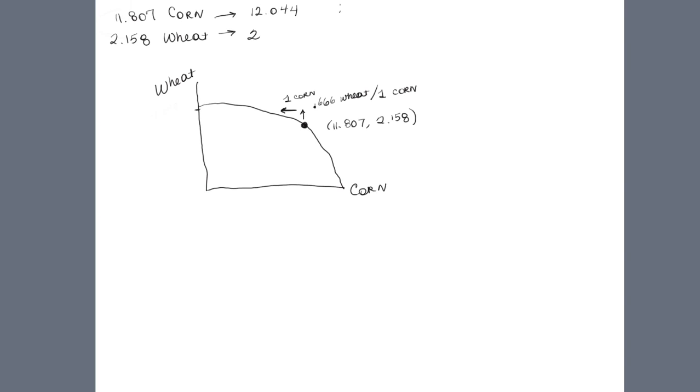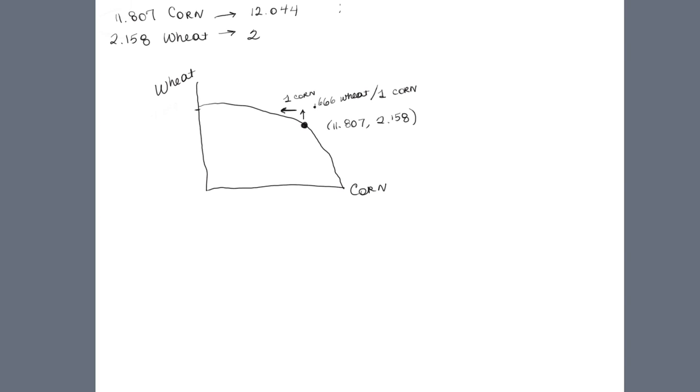Okay, so if we have lost too much, then we'll be in the feasible but not efficient territory. If we've not lost enough, we'll be in not feasible territory. And if we've lost just enough, we will be in efficient and feasible territory.